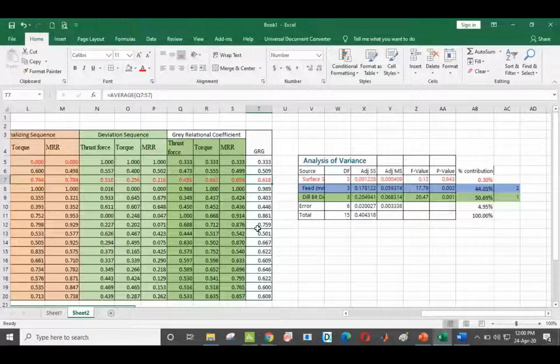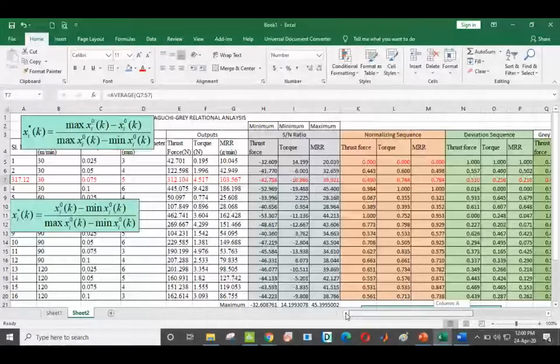So the predicted and the experimental results will be nearby only. And this is how to work out this grey relational analysis in a simple Excel sheet and to perform the hybrid Taguchi grey relational analysis. I hope each and everyone will work on this so that you can produce some good papers in the near future.